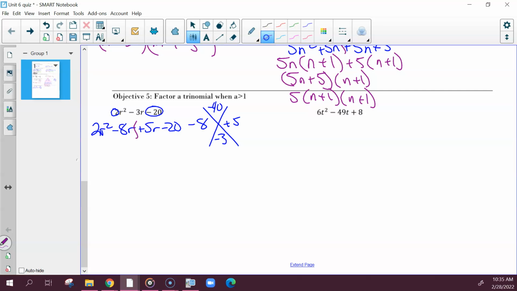So here we could take out a 2 and an r, which would leave us with r minus 4. Out of the second two, we could divide out a positive 5, which would leave us with r minus 4. And then our final answers would be 2r plus 5 and r minus 4.